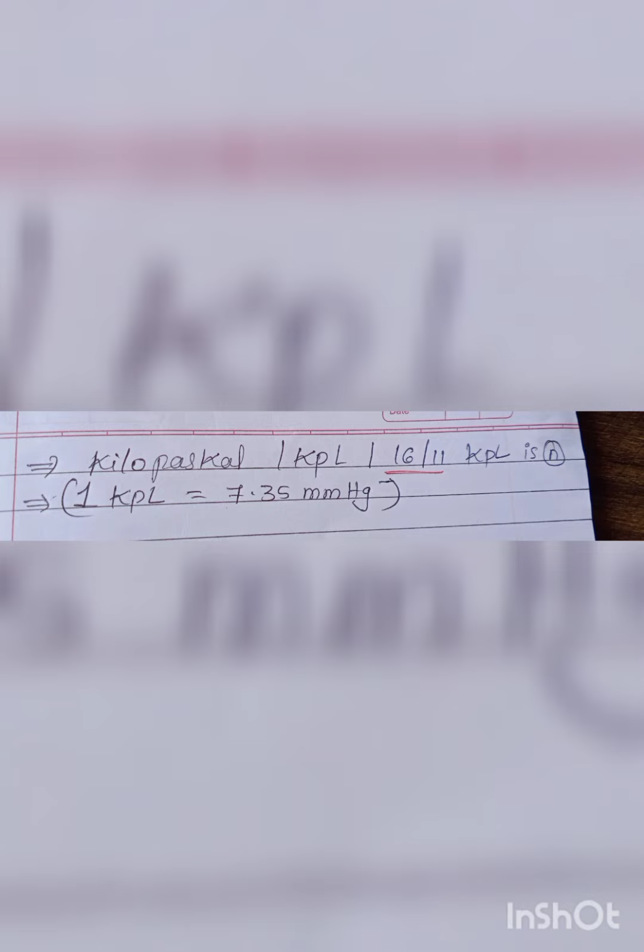It is a competitive exam question again. What is the normal range of BP? 120 by 80 mmHg in mmHg. If it is asked in kilopascals, 16 by 11 kilopascals is the normal range, and 1 kilopascal is equal to how much mmHg: 7.35 mmHg.